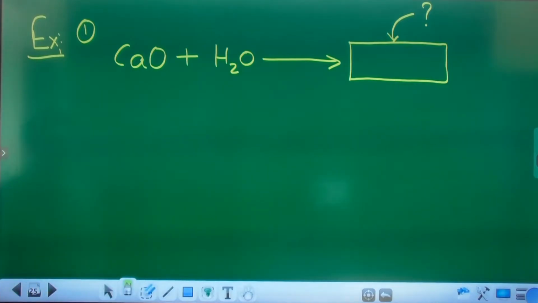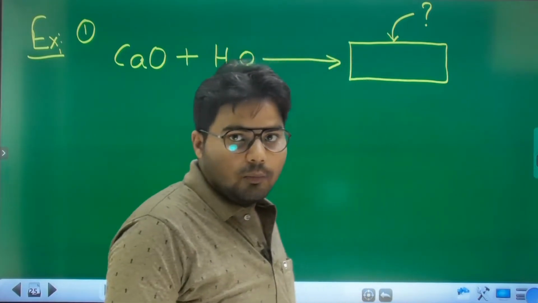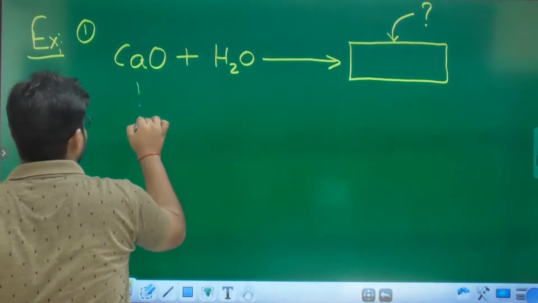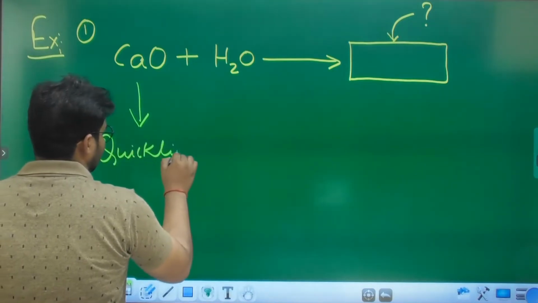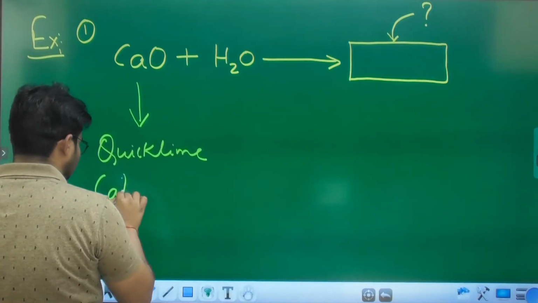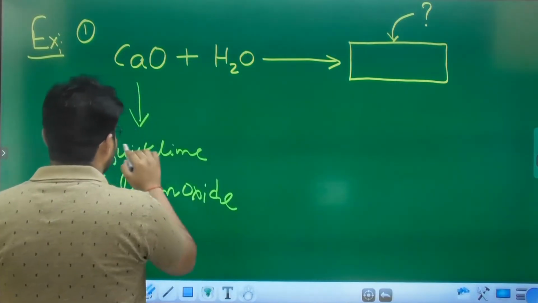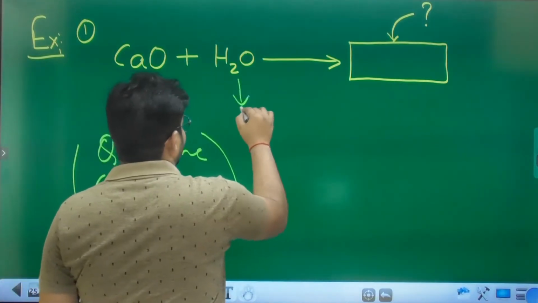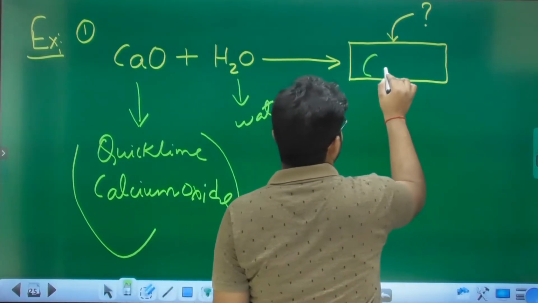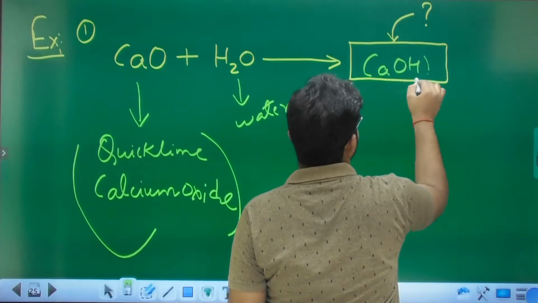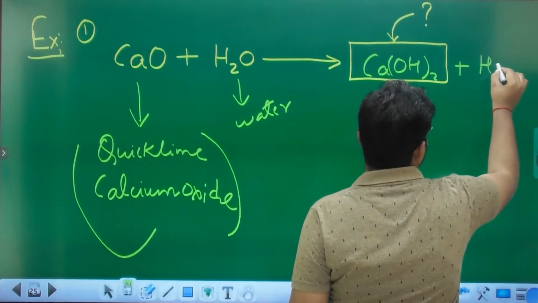The first example is CaO plus H2O. CaO plus H2O. What is this? This is quicklime, calcium oxide. Clear? And this one is your water. Simply add them and this becomes Ca(OH)2 plus heat.